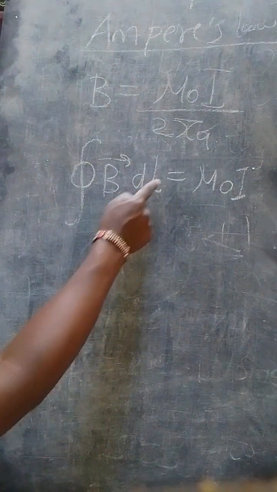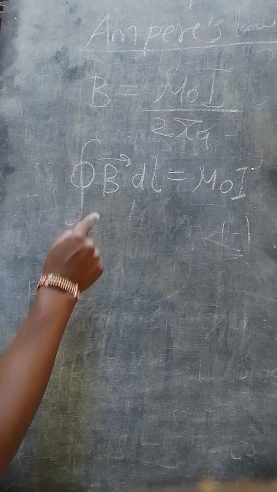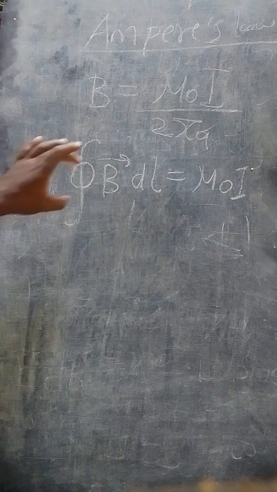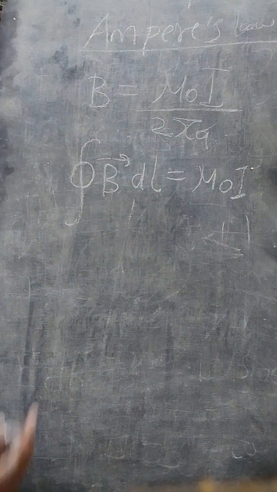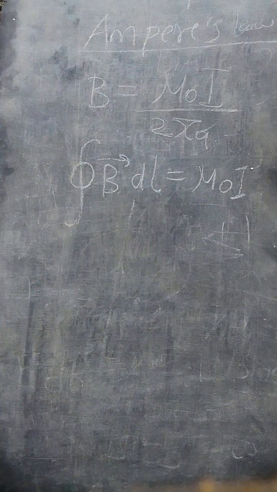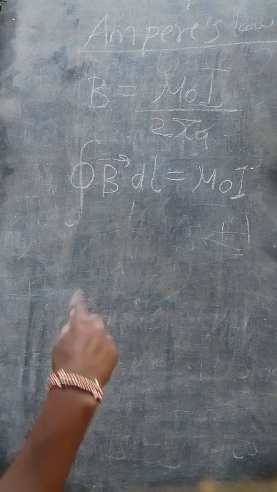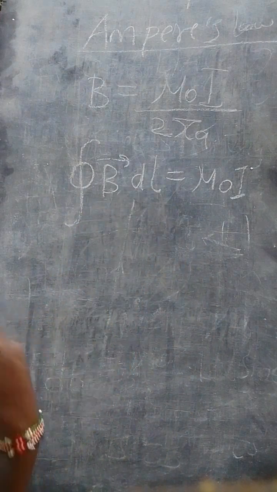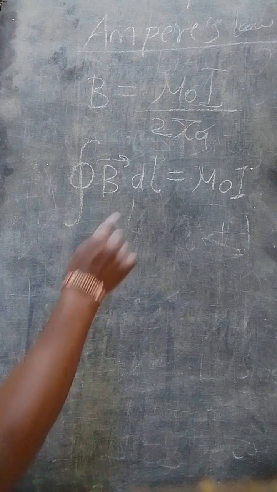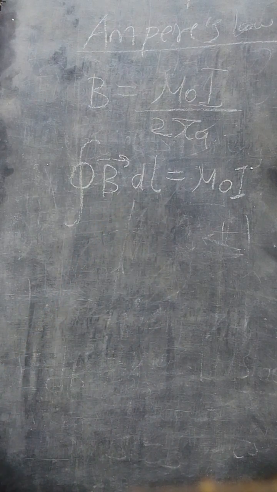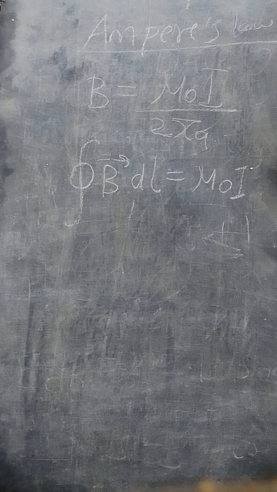So if we work out this one, the closed integral of B dl, remember, if we calculate the integral of dl, this means we are calculating the length. For a circular path, for current in a coil, it is moving in a circular path, and the length will be equal to 2 pi times radius, and our radius here is a.